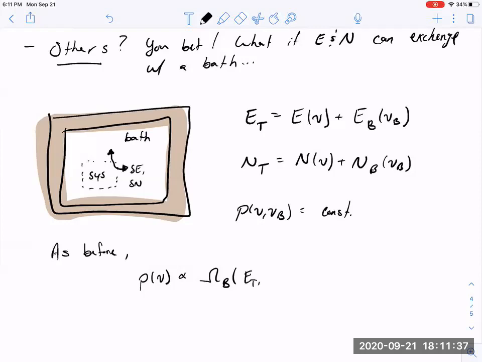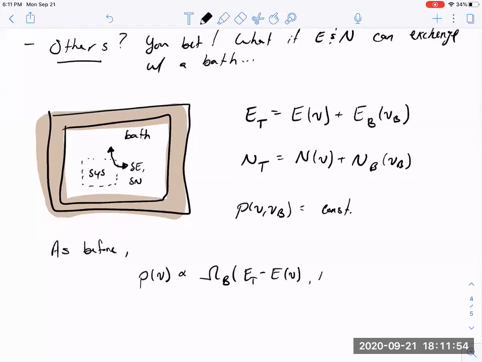So I need to specify that the energy is fixed by noting whatever that state of the system is. If I take it, subtract it off of the total energy, that specifies a bath energy that has to be set and determined. And analogously, the total number of particles less the number in the system has to be the corresponding number in the bath.